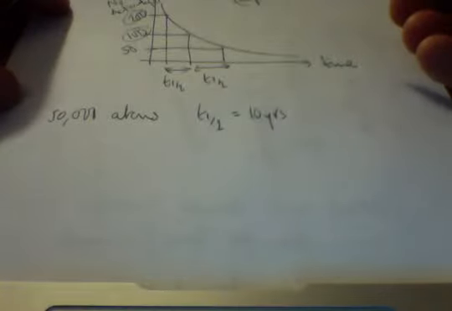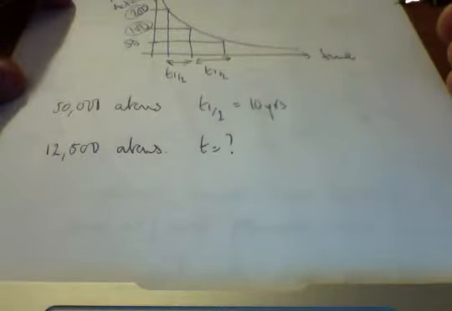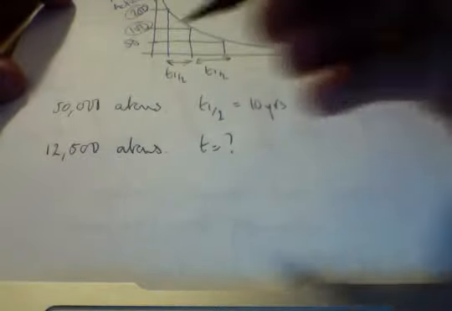Of course, you can get into some confusion with half-life, because let's imagine you had 50,000 atoms. That's a tiny number of atoms, but anyway. You knew the half-life was 10 years, and you wanted to know how long it took to get to 12,500 atoms. How long do you think that's going to take? Well, most people say, well, there's a jump of a quarter here.